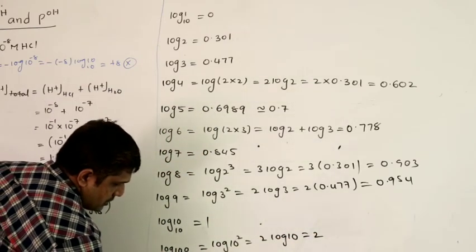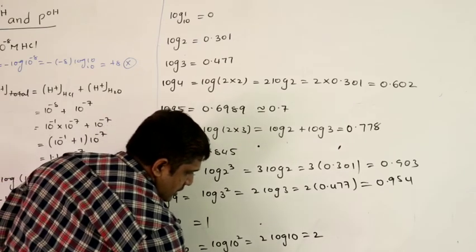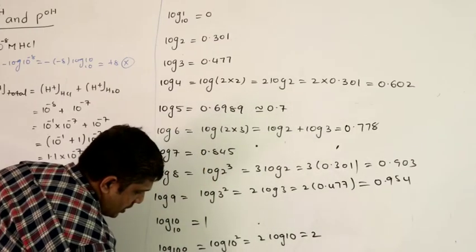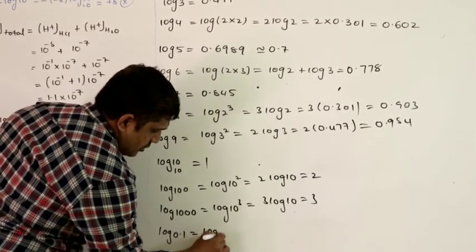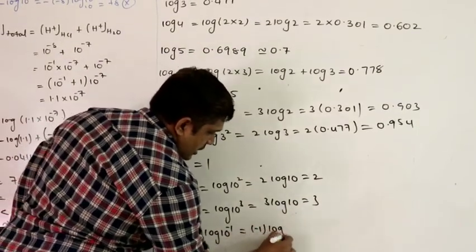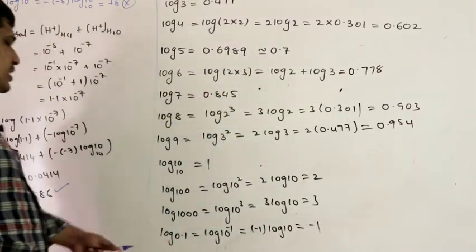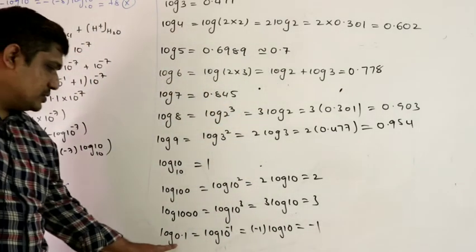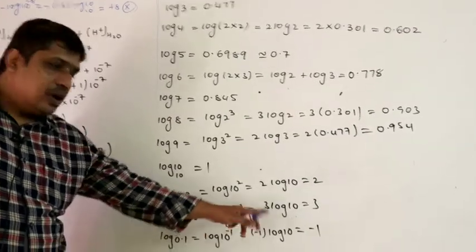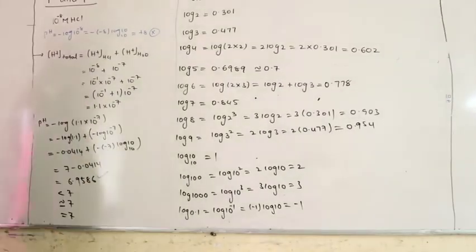Log 1000 is log 10 power 3, that is 3 log 10, which equals 3. Log 0.1 is log 10 power minus 1, equal to minus 1 into log 10. Log 10 is 1, therefore it is minus 1. Similarly, log 0.01 is log 10 power minus 2, which is minus 2 log 10, that is nothing but minus 2. So these are the log values.